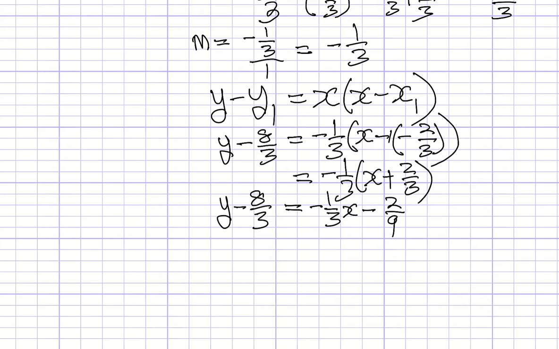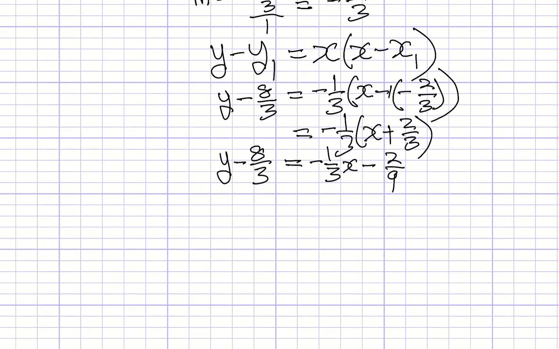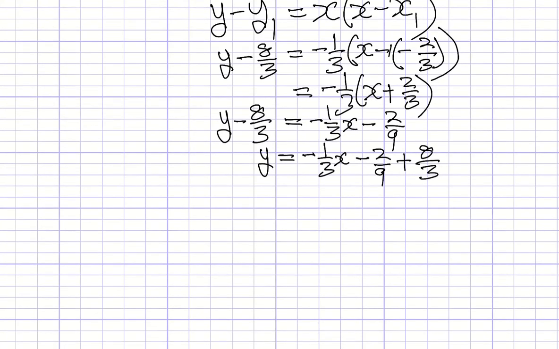Okay, so on the left we'll isolate y by itself. Then we get y is equal to negative 1 over 3 x plus 2 over 9, and 8 over 3 becomes positive. See it, right? Now we have to play a trick with that number on the right hand side. We want to have the same denominator for those two fractions.